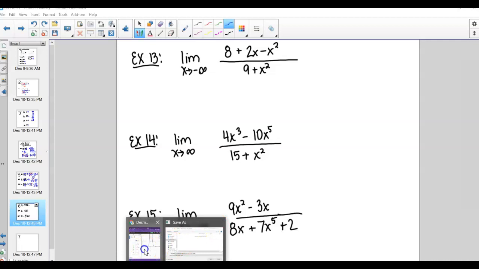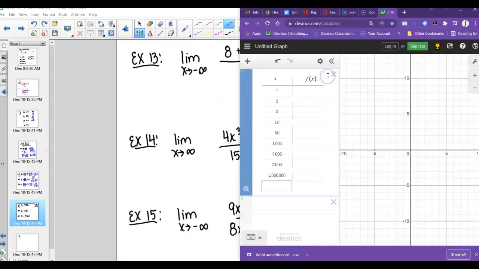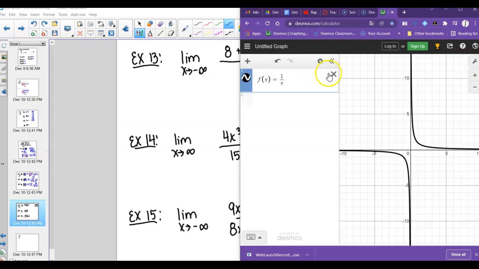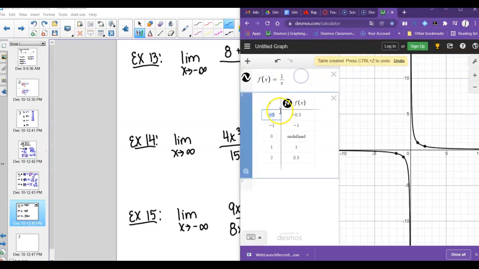If we switch back over to Desmos really quickly, if I have f of x equals 1 over x, and I approach negative infinity instead of positive infinity for, negative 1, negative 2, negative 3, negative 4, negative 5. We can see the same pattern is happening, except our values are negative.